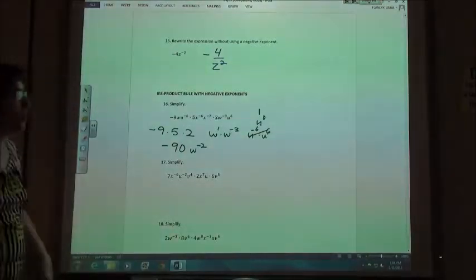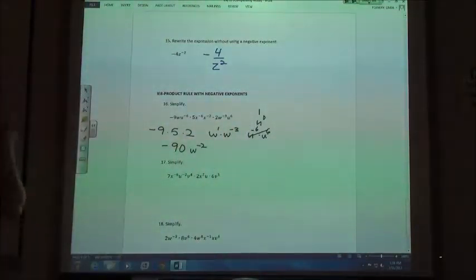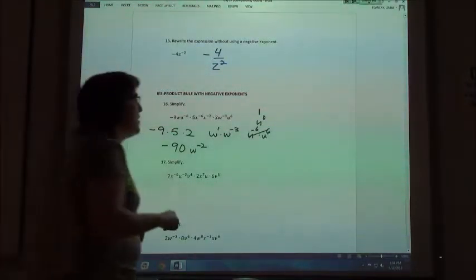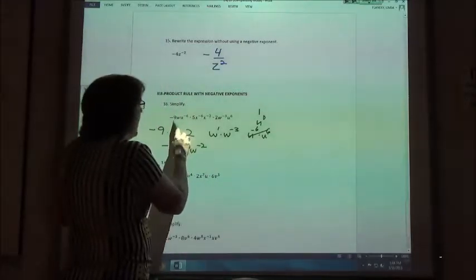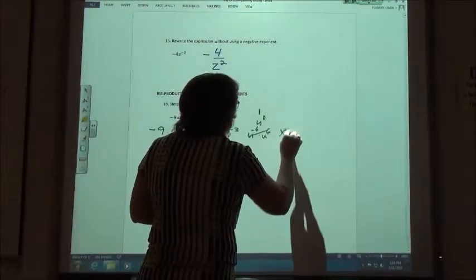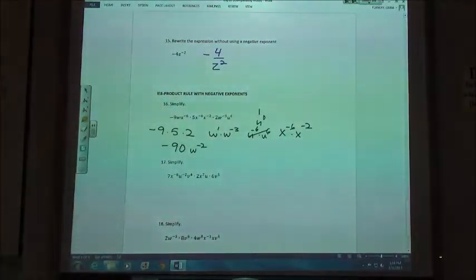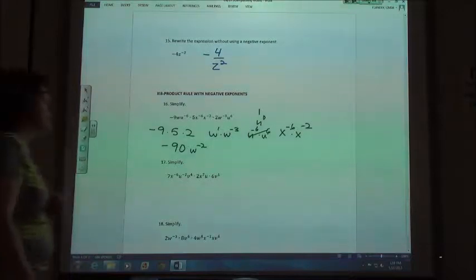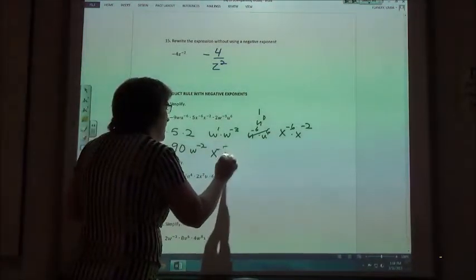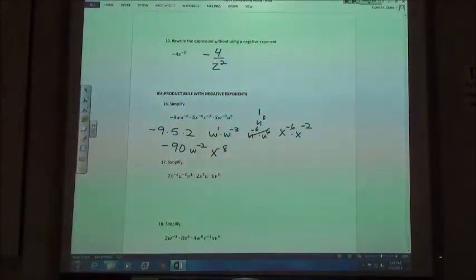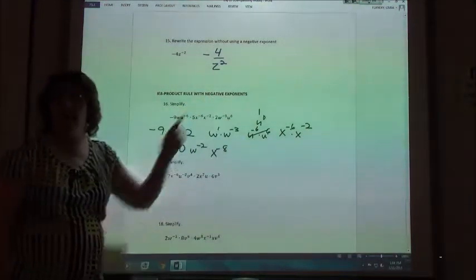I don't really need to put the 1 in there because 1 times my -90 is going to be -90. So I can just think of it as it's canceling each other out, right? -6 and +6 gives me 0. And then I have some x's. I have x to the -6 and x to the -2. So -6 plus a -2 would give me -8.